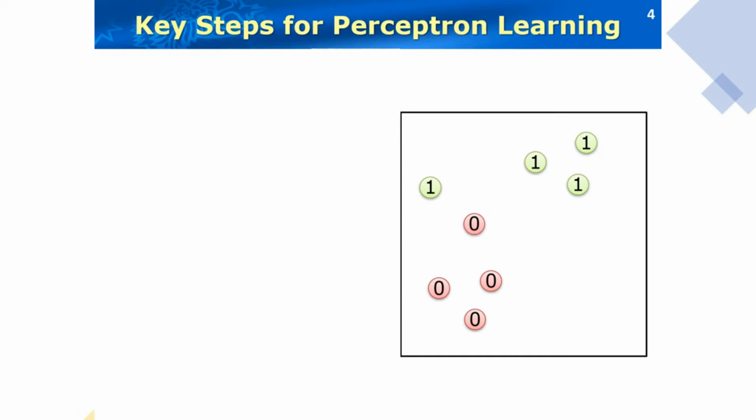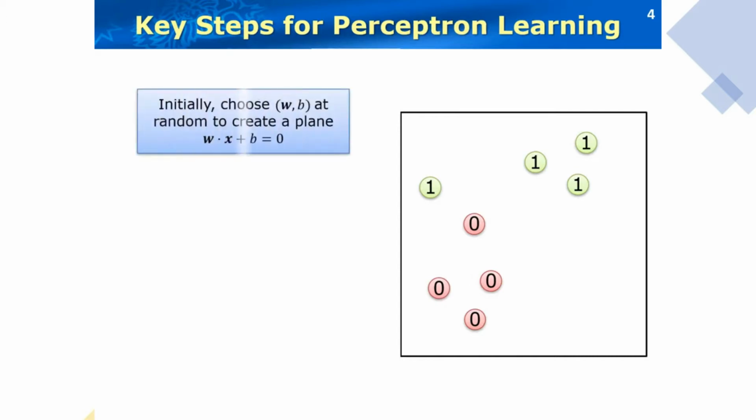Initially, we randomly choose the weights and the threshold value w, b to create a plane wx plus b is equal to 0. In the two-dimensional case, the plane is a blue line. Above this line is the positive region shown in light blue color.